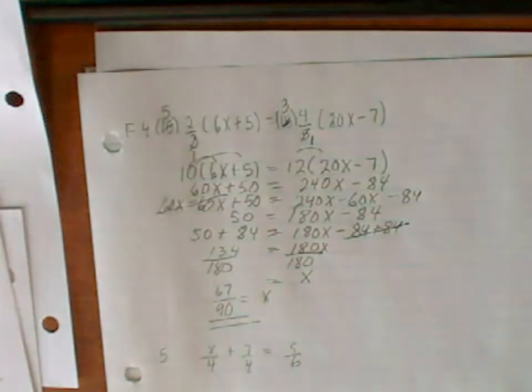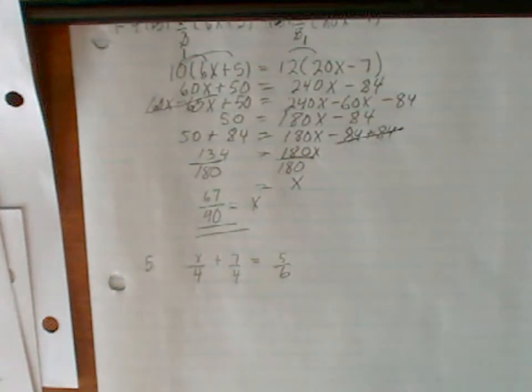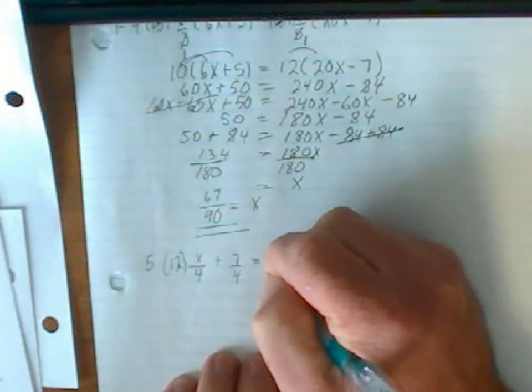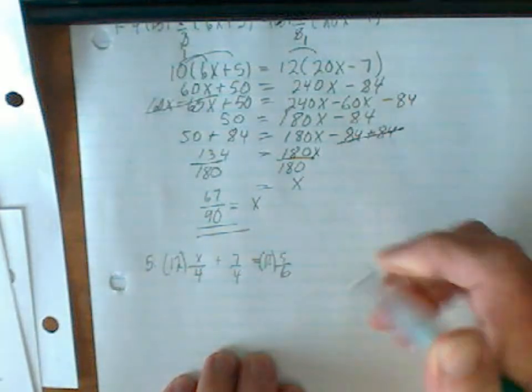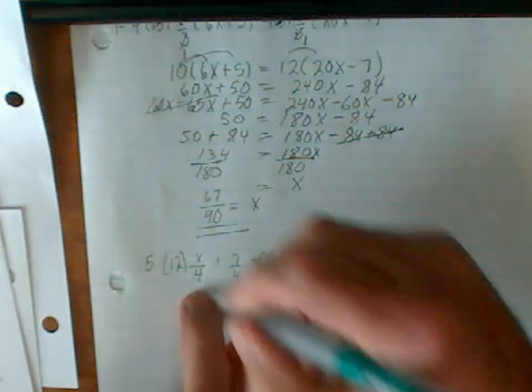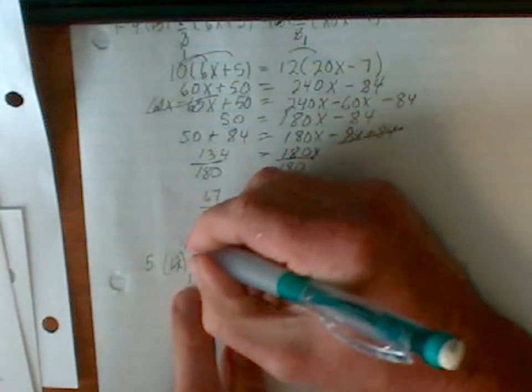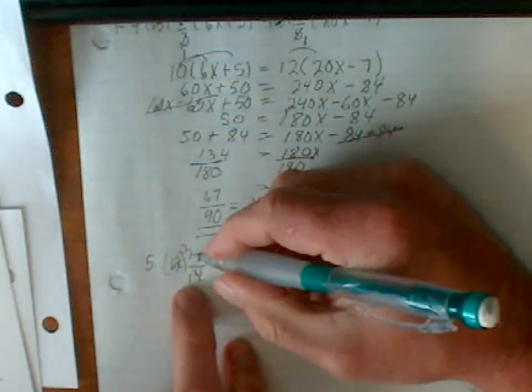You can get a common denominator for all three. 4, 4, and 6. About 12. Okay, that'll reduce to a 1. That'll be 3. Do the same thing over here.